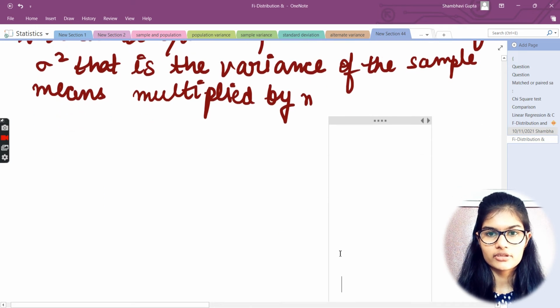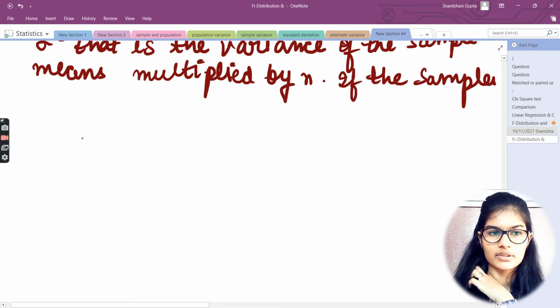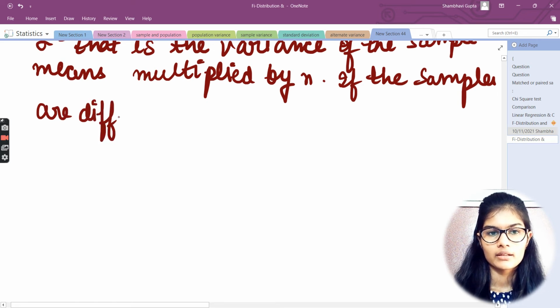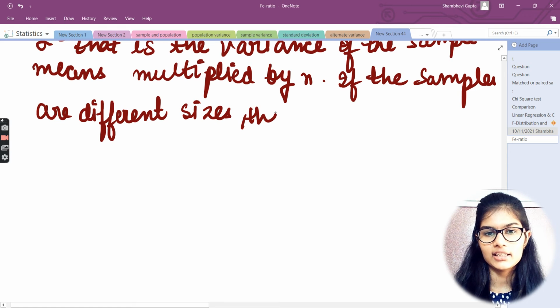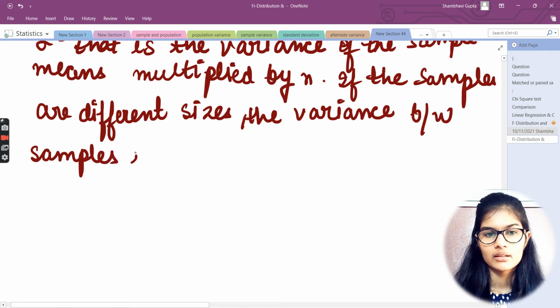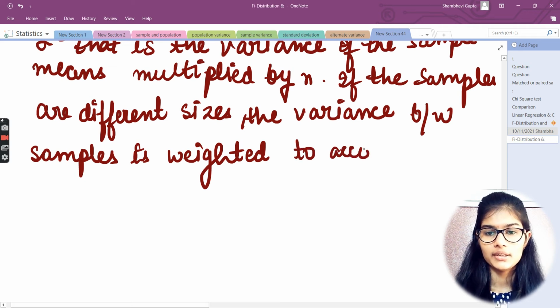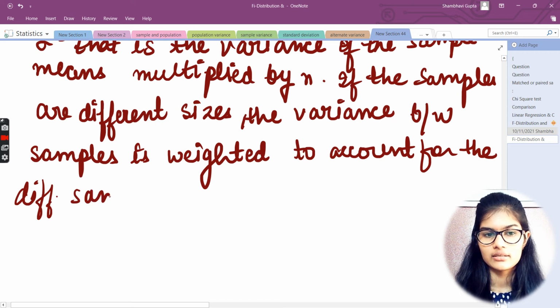Next we have that if the samples are different sizes, then the variance between samples is weighted to account for the different sample sizes.